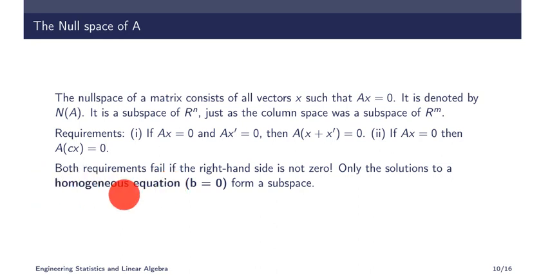So null space is defined for homogeneous equations, but column space is defined for any equation. And a very important thing is, null space is for the x part of Ax equal to 0, and column space is for the B part of the Ax is equal to B equation.